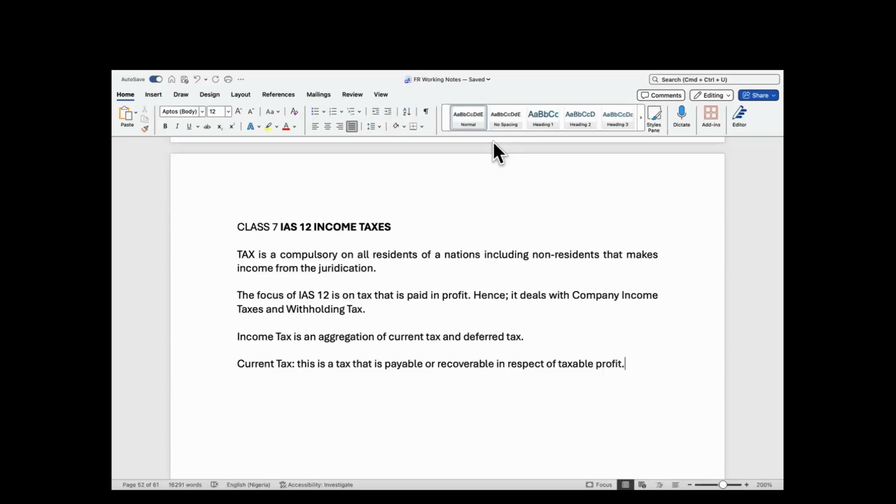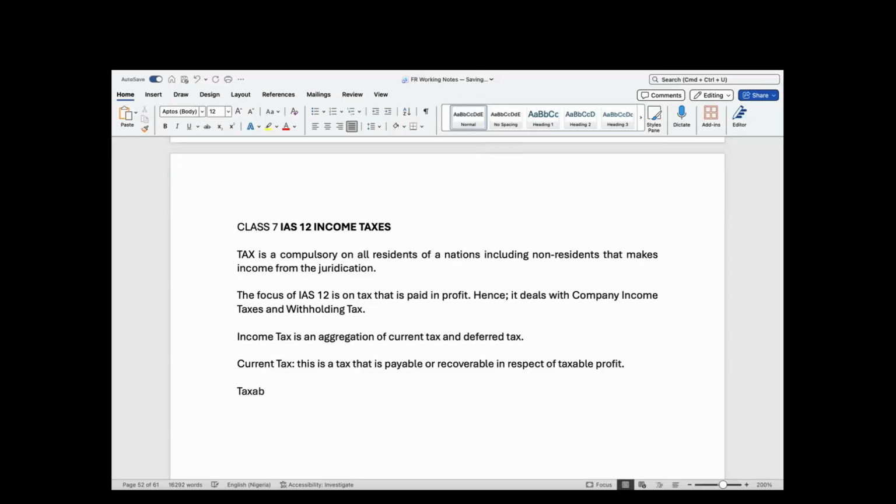So if you make a taxable profit of 100,000 and the law says pay 30% CIT, pay 4% development levy, when you sum those two together, that is current tax. It is a tax that is payable or recoverable in respect of taxable profits.